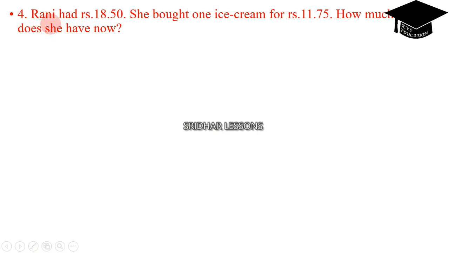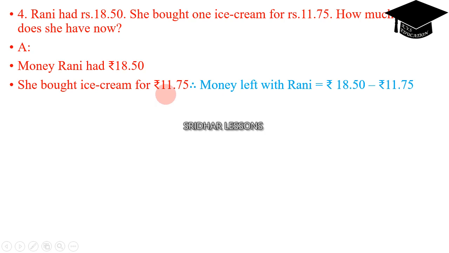Question number 4. Rani had rupees 18.50. She bought one ice cream for 11.75. How much money does she have now? Rani had rupees 18.50. She bought ice cream for 11.75.